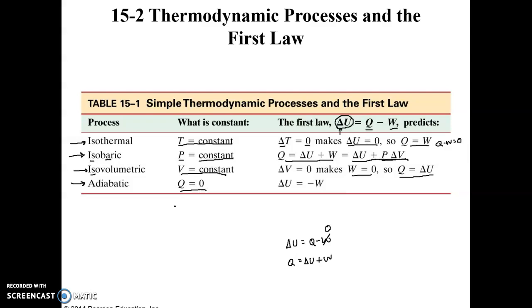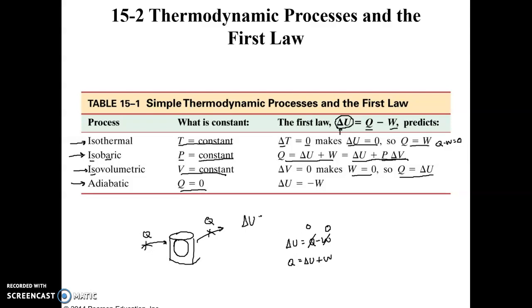And then finally, adiabatic means that there's no heat flow going in or out. So we've got a closed system. There's no Q going in. There's no Q going out. All of the energy is self-contained. And so that makes this part of the equation become zero.